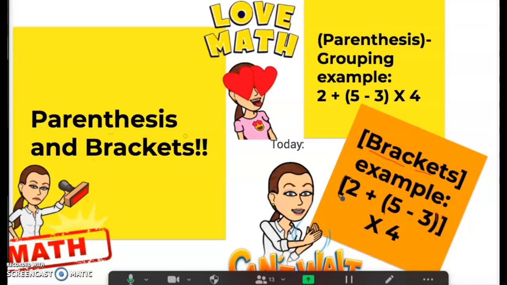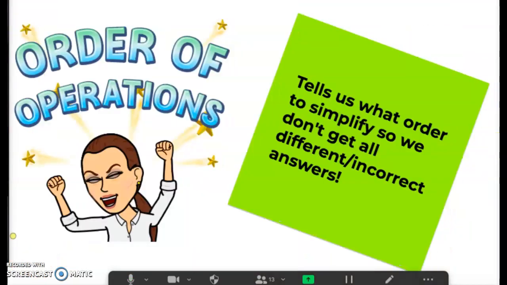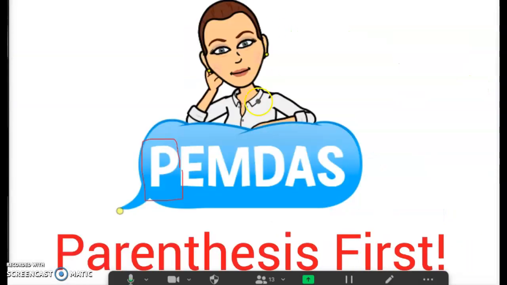So you have parentheses inside brackets, and they are both grouping symbols. So it says to do what's inside those first. Order of operations tells us the order that we need to simplify in so that we get those answers correct and we simplify correctly. As we said, parentheses is first, and PEMDAS goes this way.